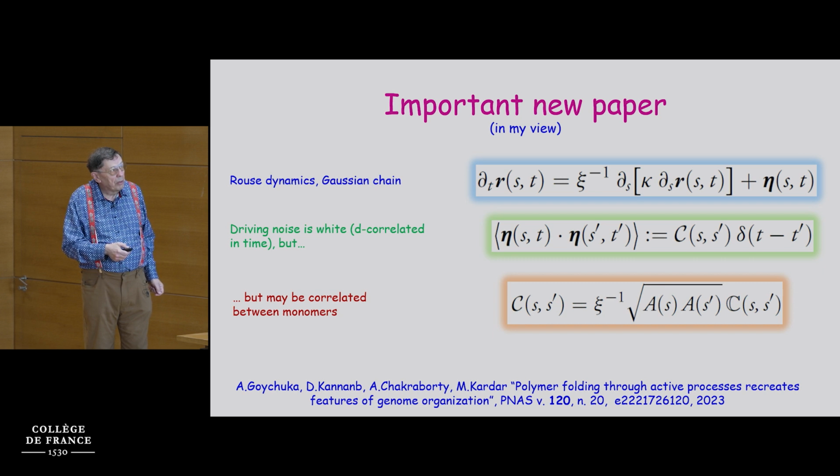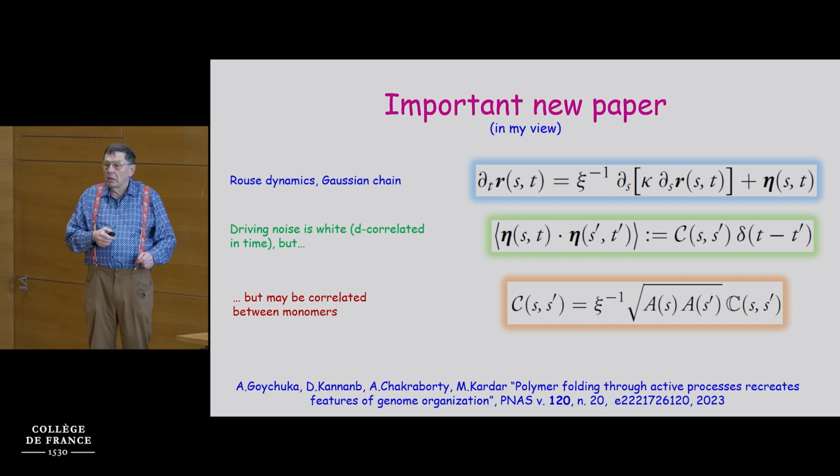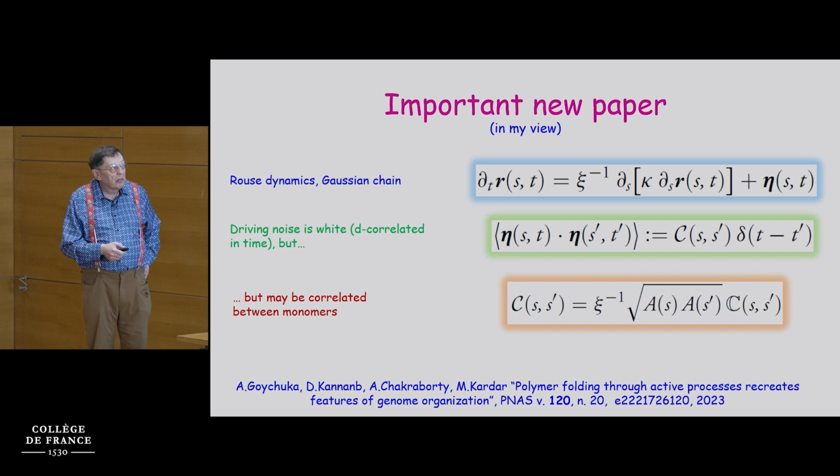And the most important part is that this is a Langevin equation. There are random forces on each monomer S at time t. So it's a Langevin equation, and it causes the system to diffuse.